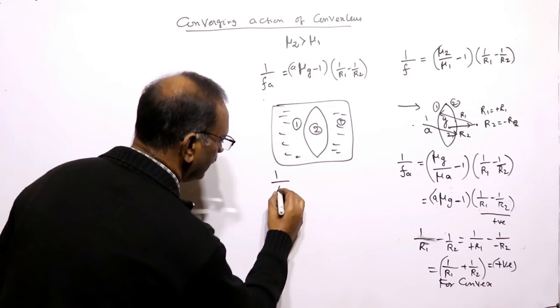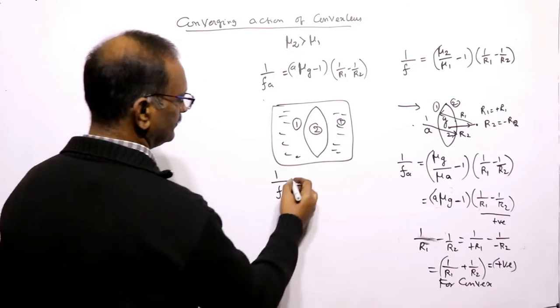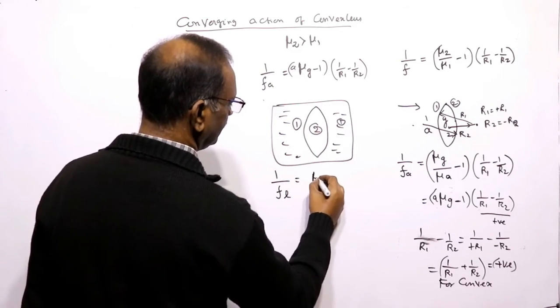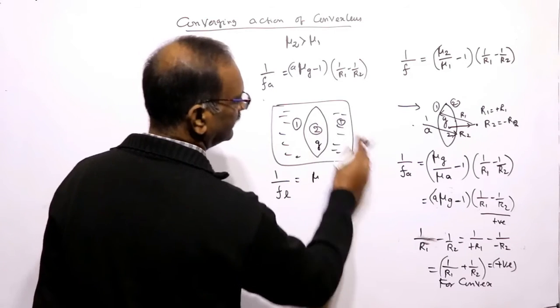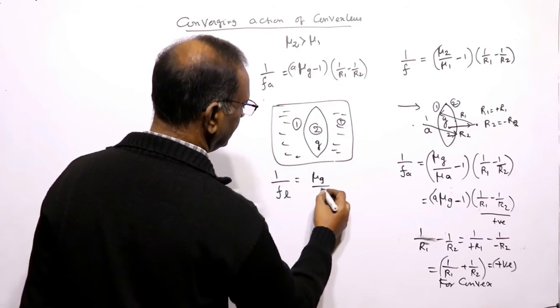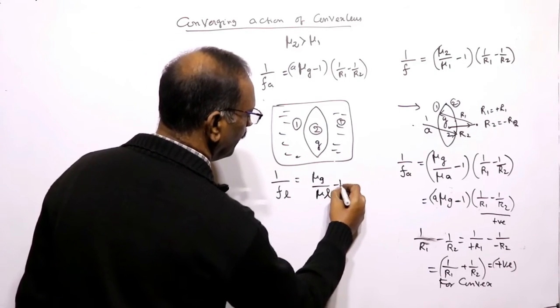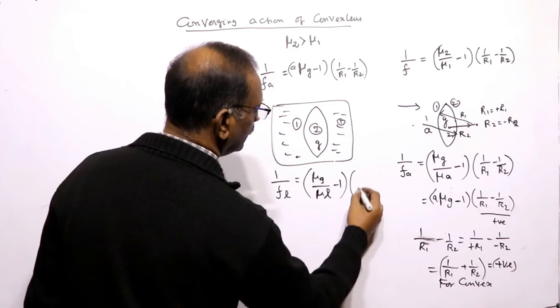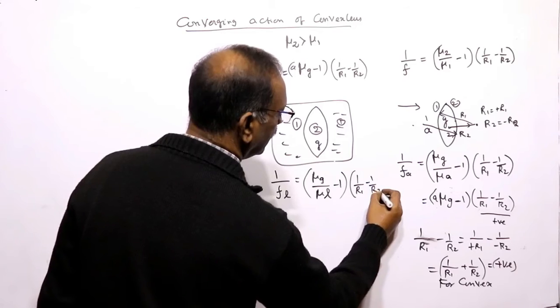1 by the focal length of the lens when kept in liquid is equal to the refractive index of the second medium, that is glass, divided by the refractive index of the first medium, the liquid, minus 1, into 1 by R1 minus 1 by R2.